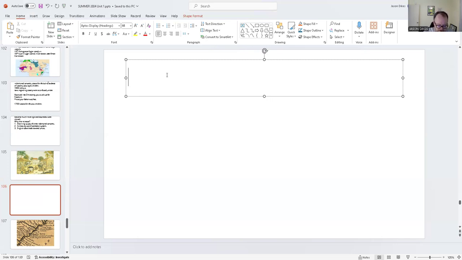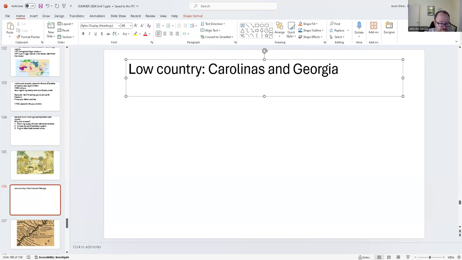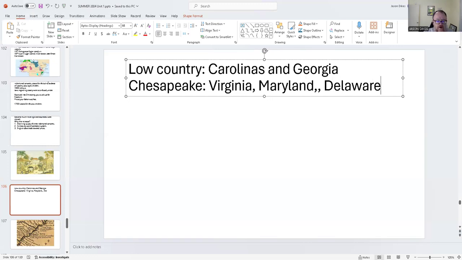So geographically speaking, we have what is called the Low Country, and that is going to be the Carolinas and Georgia once Georgia gets slavery. And then the Chesapeake, and that's going to be your Virginia, Maryland, Delaware region, right where the Chesapeake Bay is.